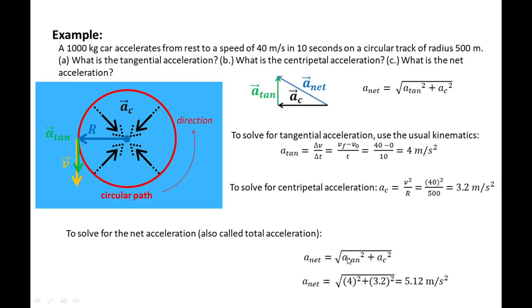So your tangential acceleration here is 4 meters per second squared, and then we square it and add the square of the 3.2 meters per second squared, and that should give us a total or net acceleration of 5.12 meters per second squared. And that's how you solve problems involved in circular motion.